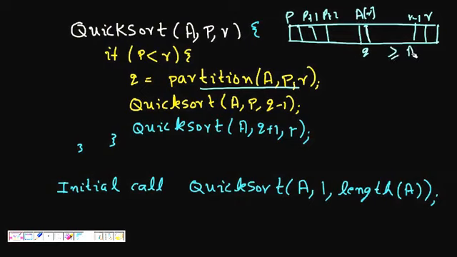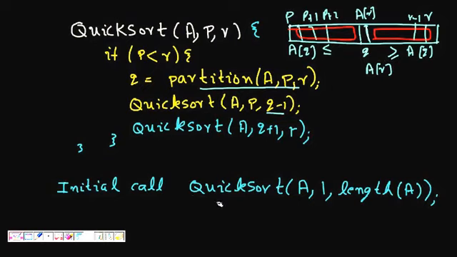Everything here is greater than or equal to A[Q], everything here is less than A[Q], and this A[Q] is basically the A[R] that was there before the partition was called. Then we do the same procedure for A[P..Q-1], which means we call QuickSort on this subarray and this subarray on the right. And we already got this A[Q] in its final position in the sorted array.